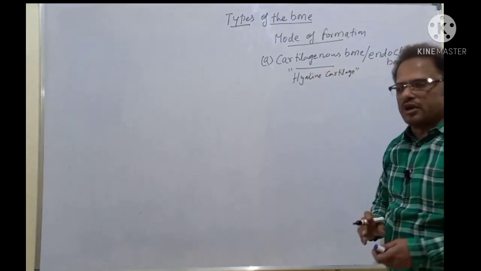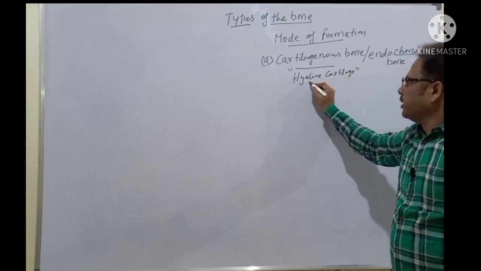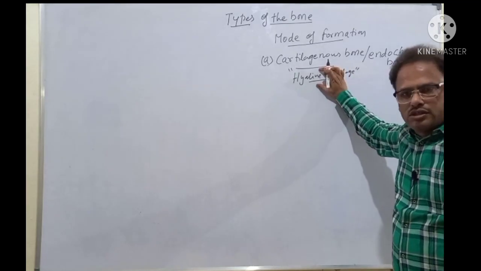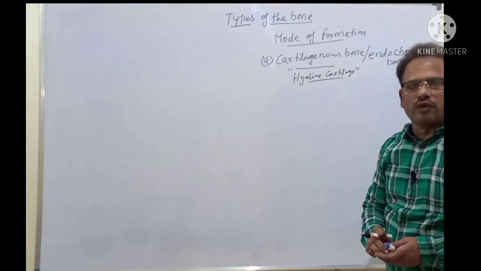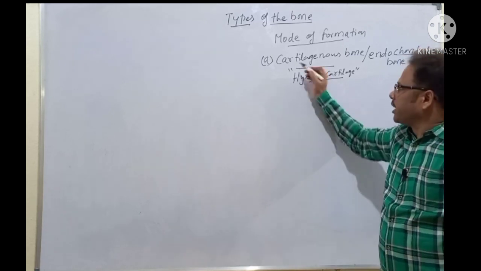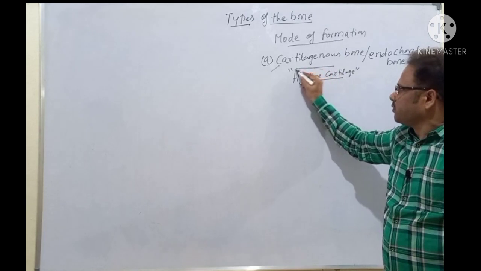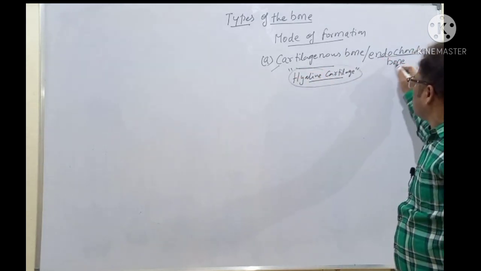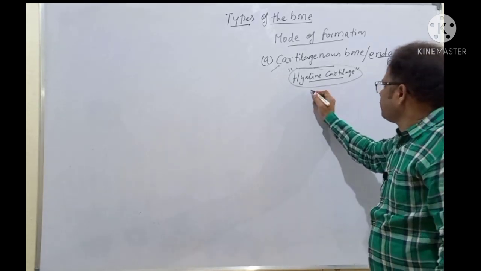So during bone formation, that is ossification, if they are associated with the hyaline cartilage, which is the commonest form of cartilage, that's called a cartilaginous bone. So most of the bones of the human body are which type? Cartilaginous bones, because they are formed during ossification with the hyaline cartilage. They are also called endochondral bones. Chondro means cartilage. Clear, students?